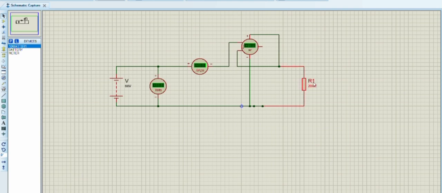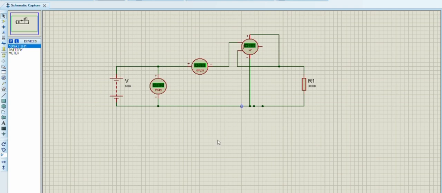The next one, we use the 300 ohm value for the resistor. Then we run the program and we get the answer. We get the power for 300 ohm.